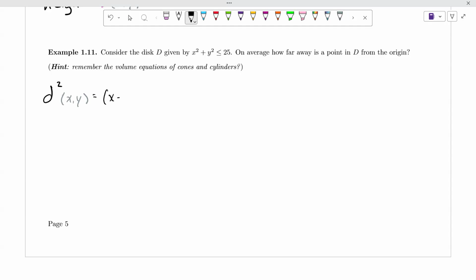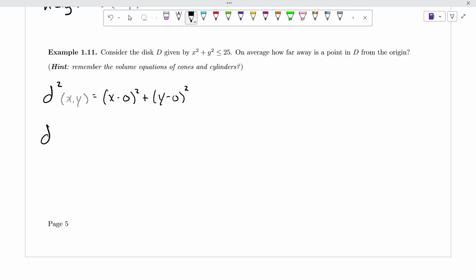It's x minus 0 squared plus y minus 0 squared. I'm just in the plane, so I don't need the 3-dimensional distance formula. The 2-dimensional distance formula will be just fine. I'm writing this thing as away from the origin, so I'll just plug in 0, 0 for the point I want to be looking at.